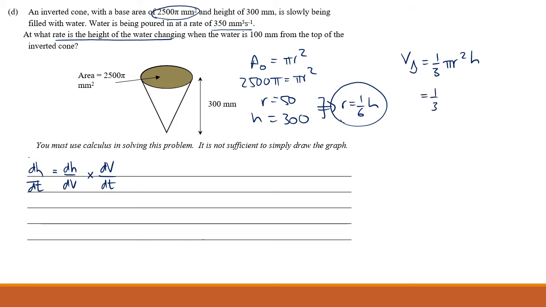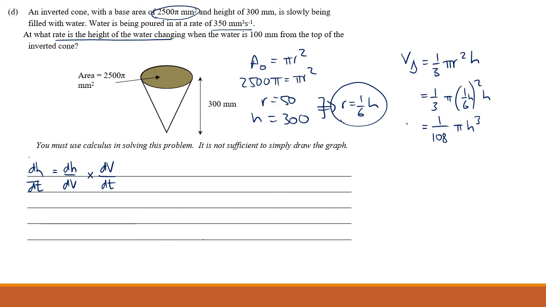So it's 1/3 pi times 1 over 6 h squared times h. 1/6 squared is 1 over 36 times 3 gives you 108. So it's 1/108 pi h cubed.